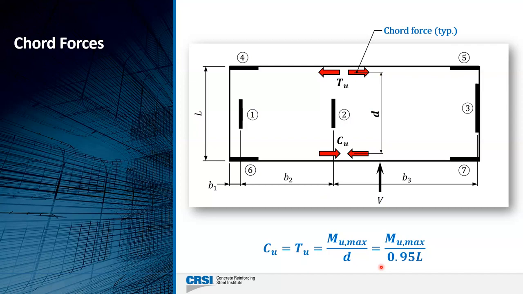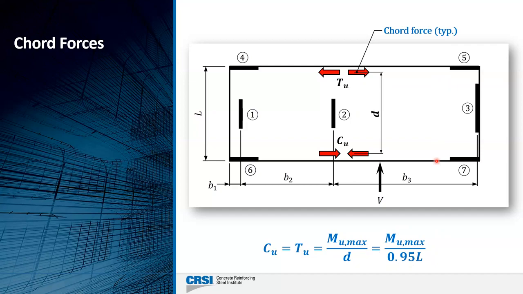So we can calculate that very easily by taking the maximum moment we determined from our moment diagram and dividing it by the perpendicular distance between the tension and compression forces. Generally, we'll take that at about 95% of the length of the diaphragm in the direction of analysis.